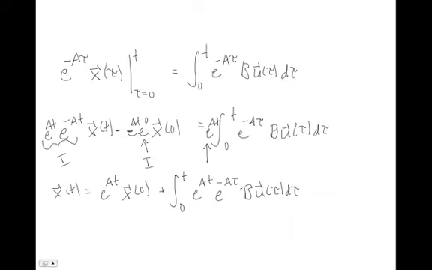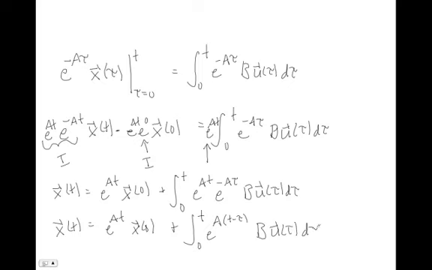And then the last thing I do is I bring these two terms together. So I have x of t is equal to e to the at x at 0 plus the integral from 0 to t of e to the a t minus tau b u at tau d tau. Okay, I'm done. This is the solution for x of t.